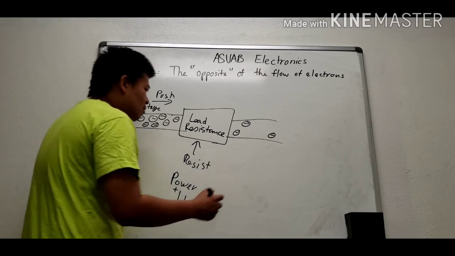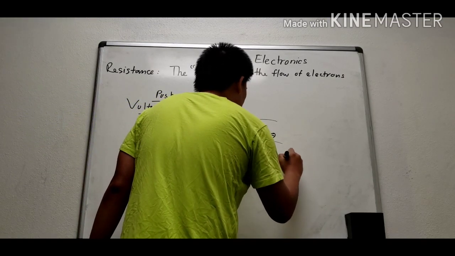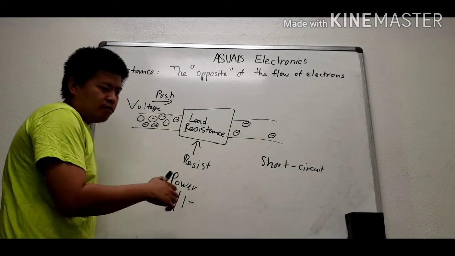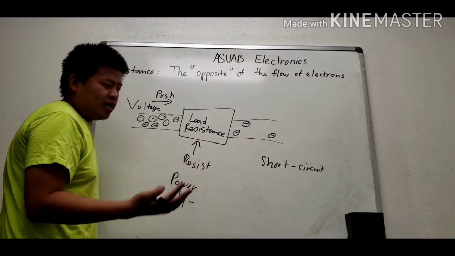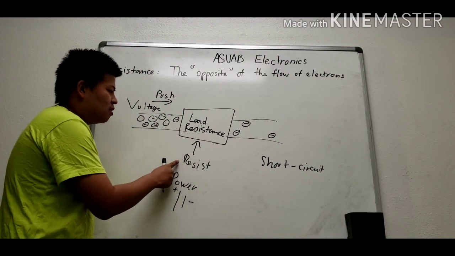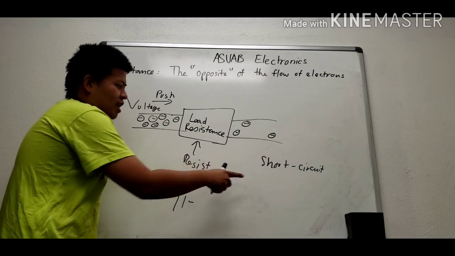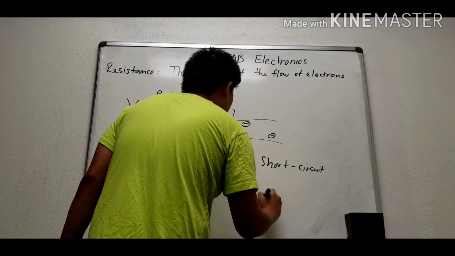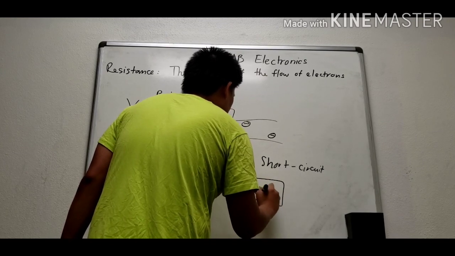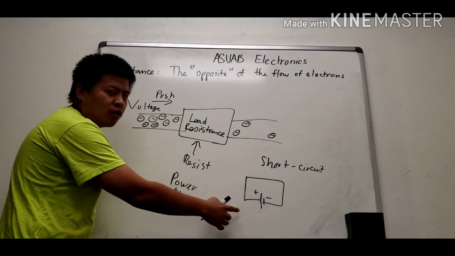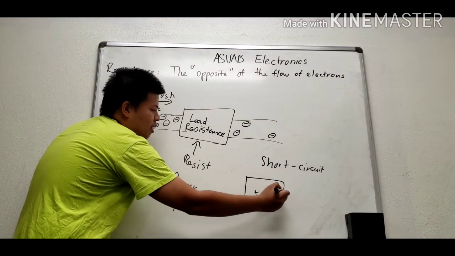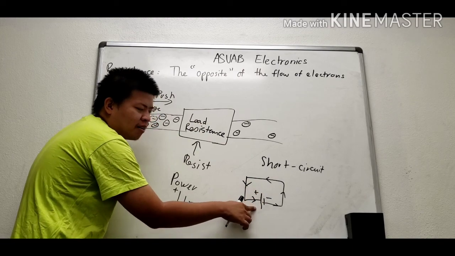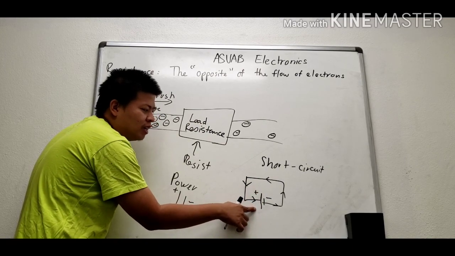That's why we call this a short circuit. It means that if there are too many electrons and we don't have some resistance, we can create a short circuit. For example, this is the closed circuit, and electrons go through the wire until they hit the positive side of the battery.